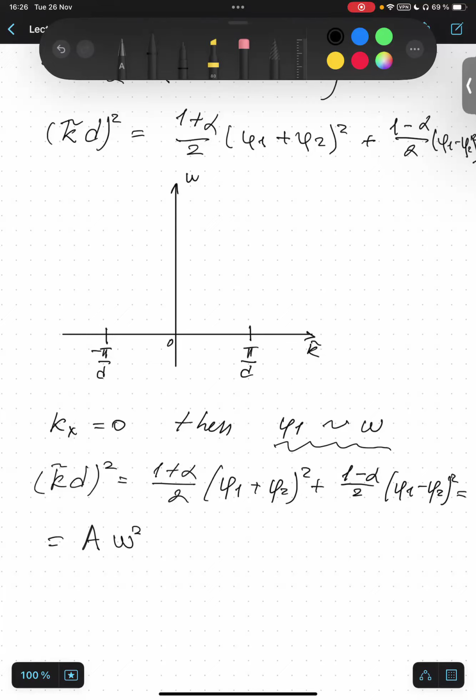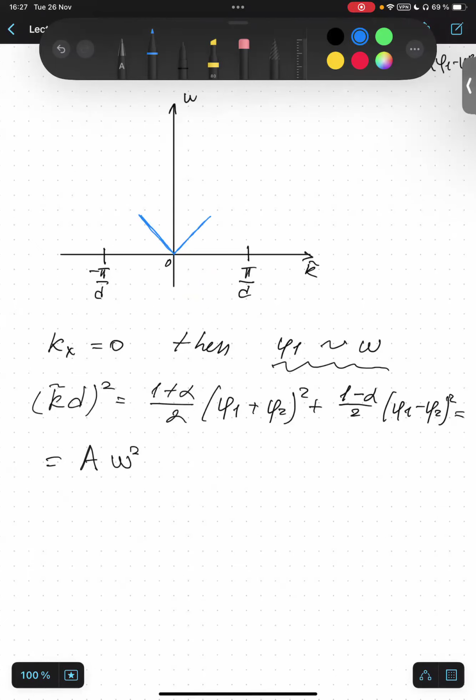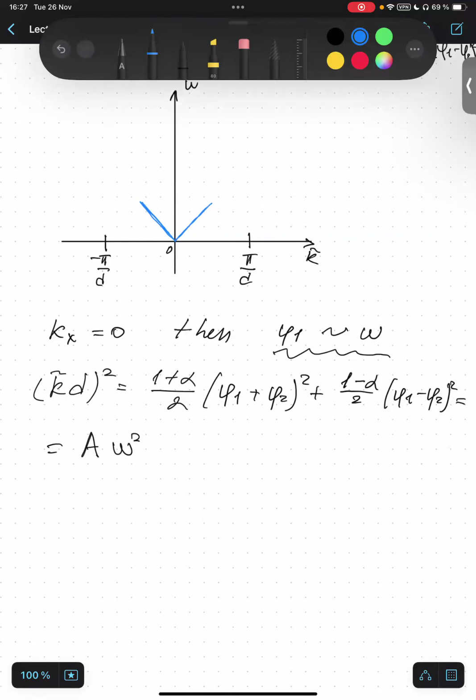So we see that we have some linear dependence of omega on k when k is near to 0. So we can plot it like this. So we have some linear dependence. So basically, it looks simple. We have a simple dielectric, and our system responds like a simple dielectric.